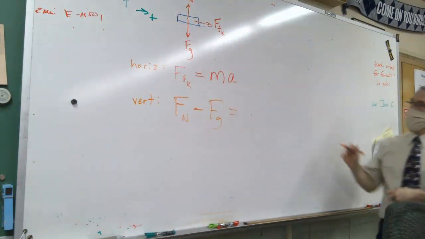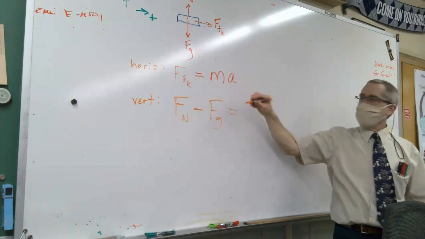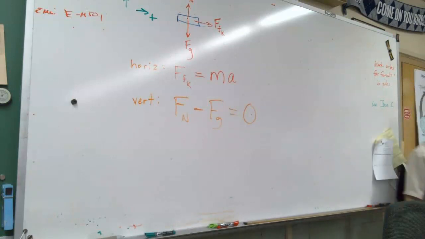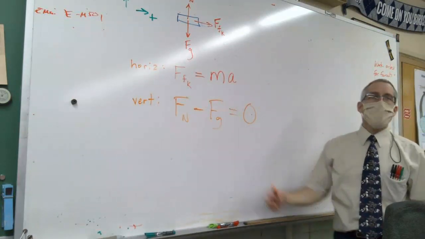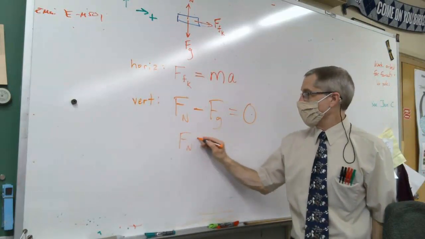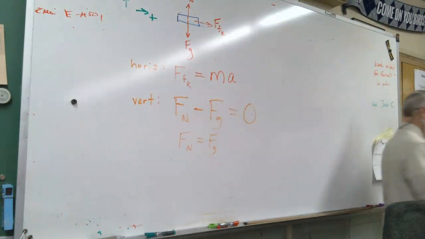Okay? So, I guess we could put m times 0, but that looks kind of weird. You could just put 0. That's not so bad. I more typically will write it this way. Since there's no acceleration, I'll just write a balance of forces. It's just an algebrated version of this.